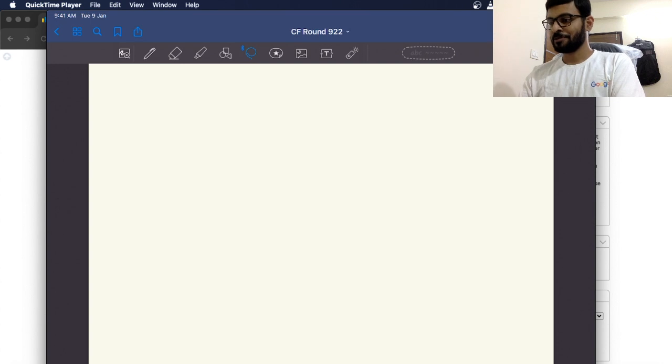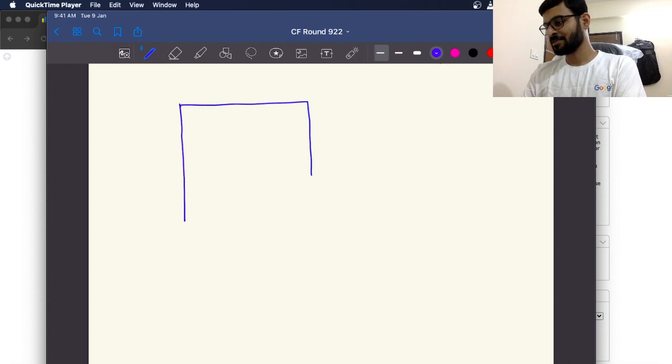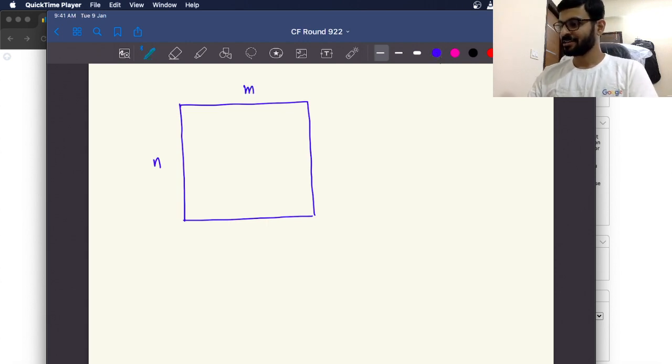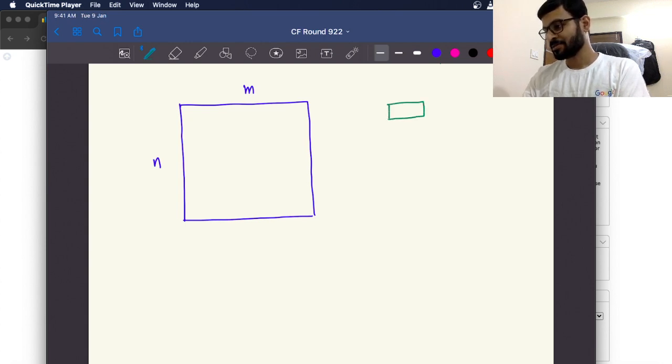So first of all, let's imagine this is somewhat your brick wall. This looks like a square. Imagine that there are n rows and m columns. This is basically the kind of situation, and you are allowed to use things like this: 1 cross k. 1 cross k can be 1 cross 2, it can be 1 cross 3, and so on.